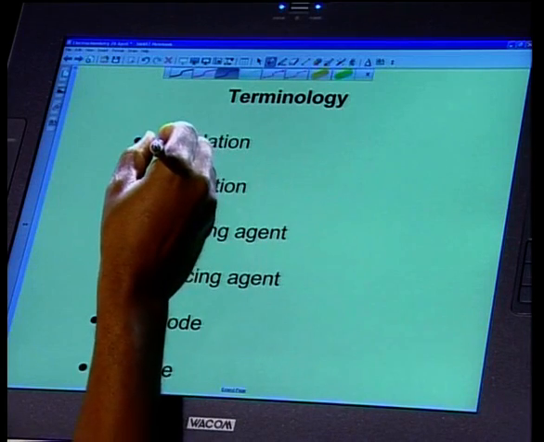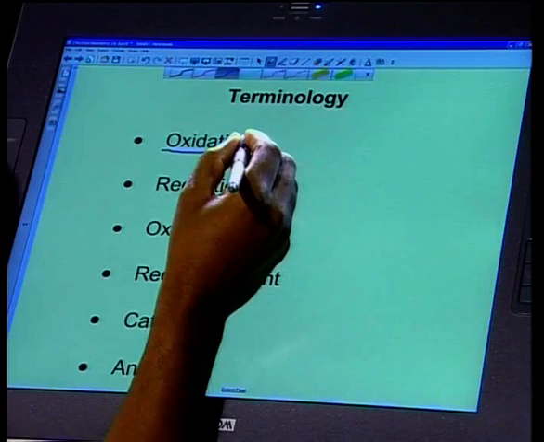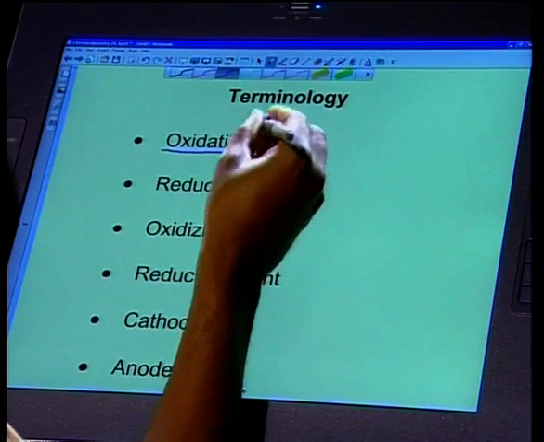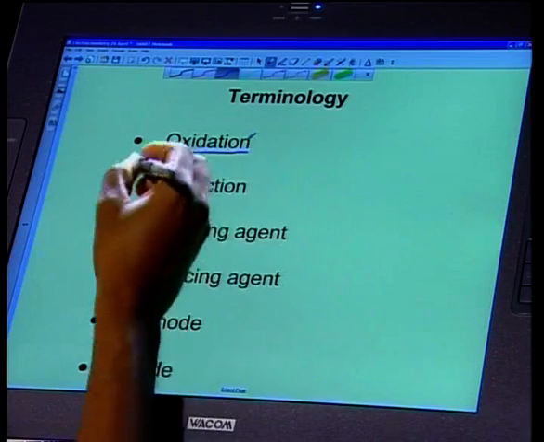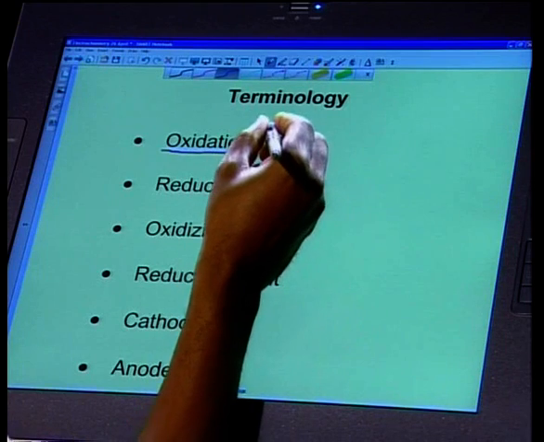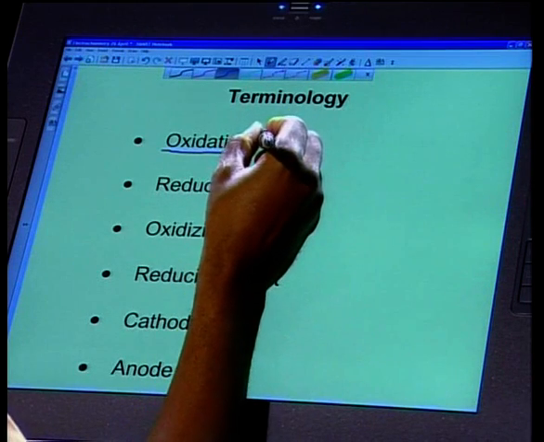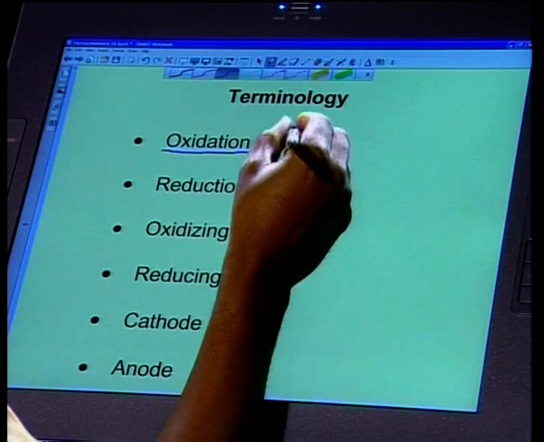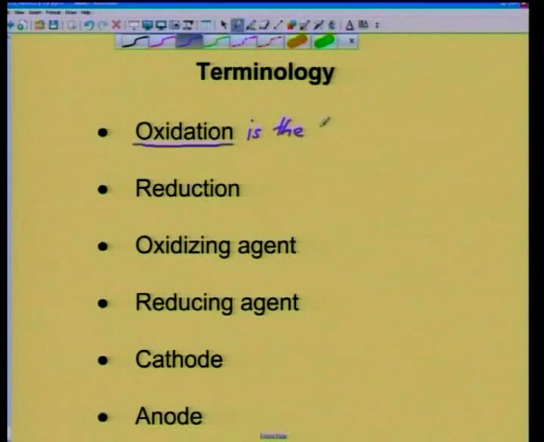The first term that we're going to look at is called oxidation. What is oxidation? Oxidation is a process that involves losing of electrons. So oxidation is the loss of electrons.